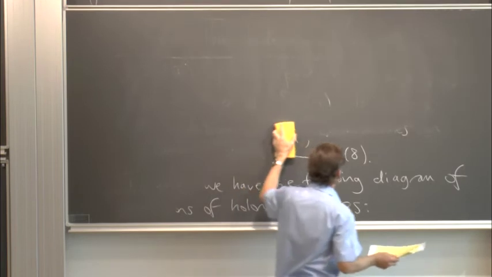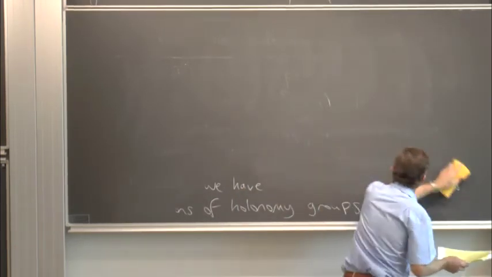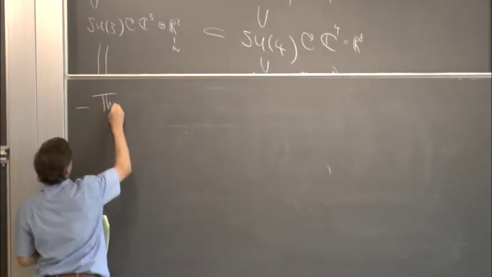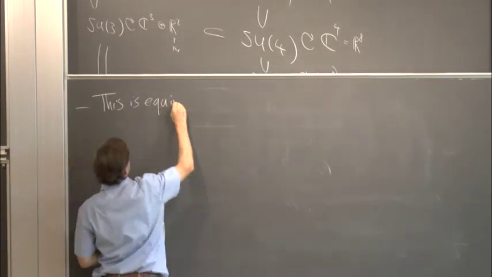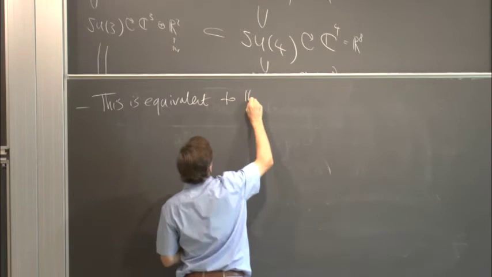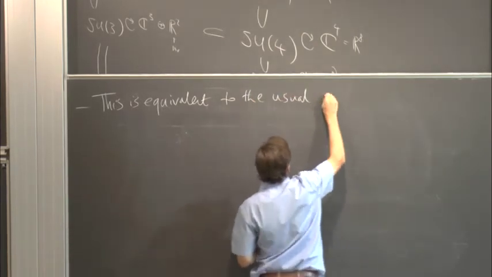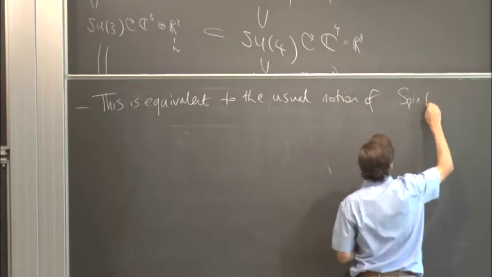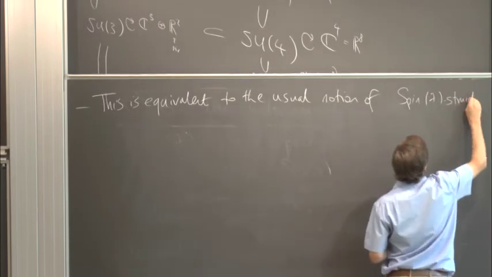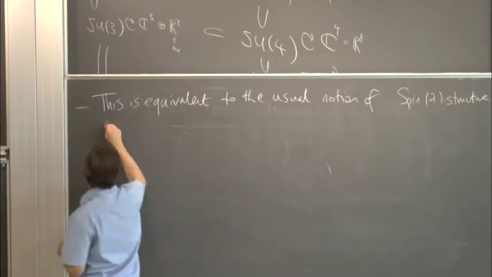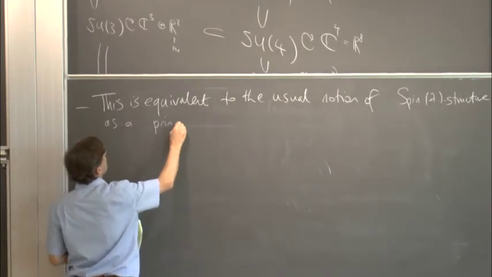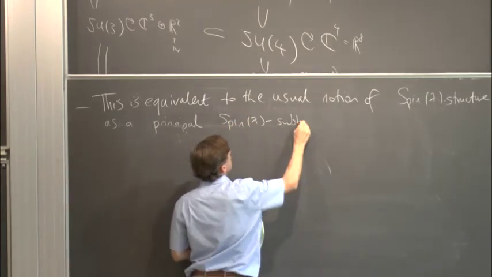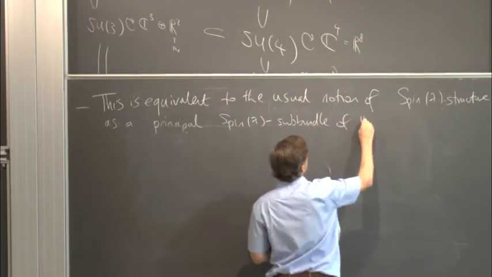But in fact it's equivalent to the usual notion of Spin(7) structure as a principal Spin(7) subbundle of the frame bundle.